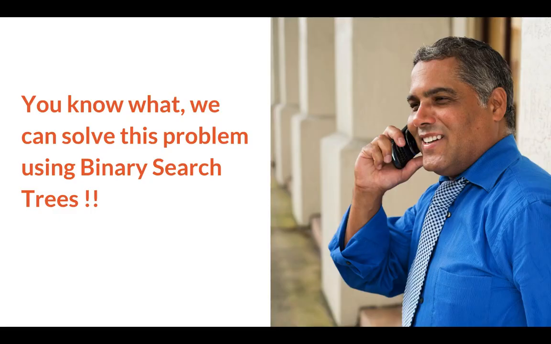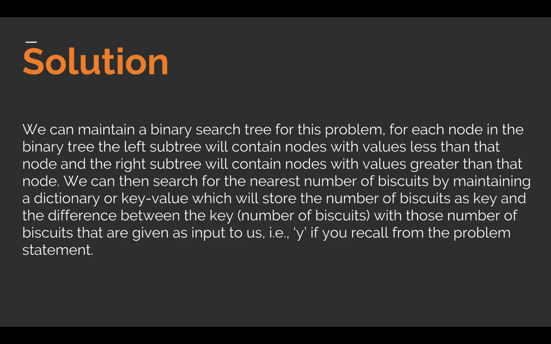You know what, we can solve this problem using binary search trees. We are going to use binary search trees to solve this problem because it can be solved using this. The solution is like this. We will maintain a binary search tree, and we know that for any node in a binary search tree, the left subtree has smaller values than that node, and the right subtree has larger values than that node.